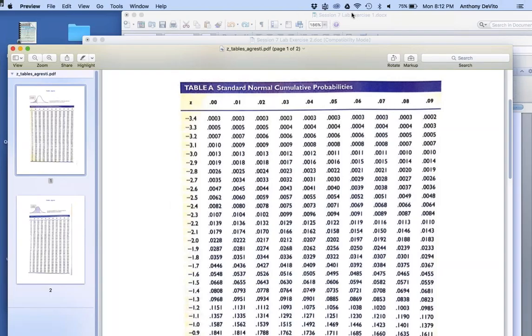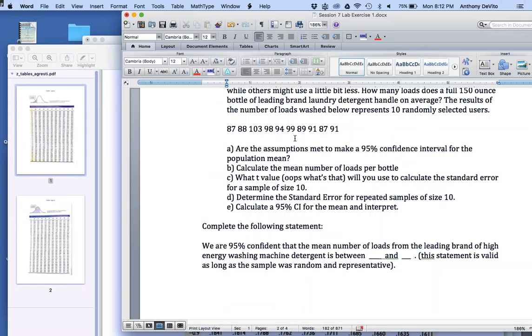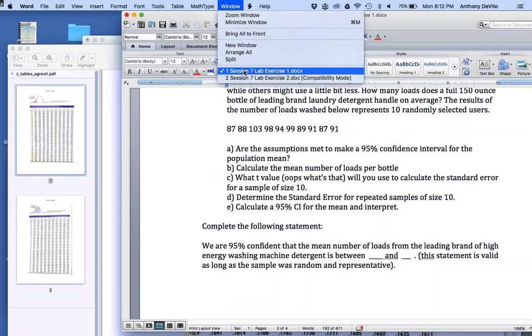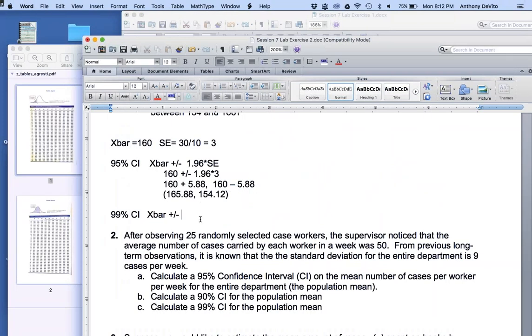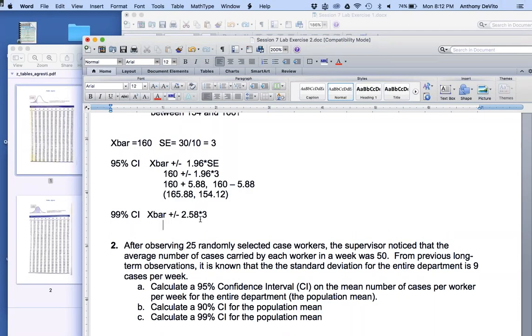So now what would that mean? That would mean I would go back here for my 99% confidence interval. When I calculated this, it's going to be X bar plus or minus 2.58 times my standard error, which is still 3.3, right? And what is that going to be equal to? It's going to be equal to 160 plus, what's 3.3 times 2.58?